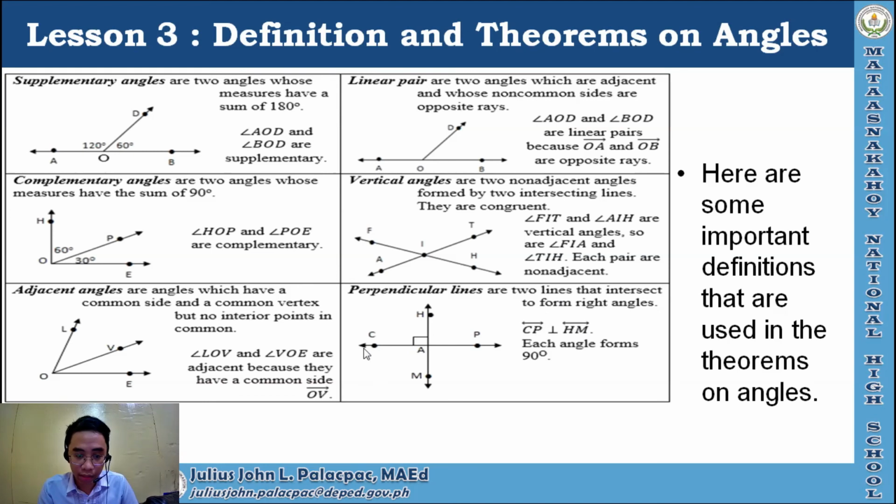So, line CP at line HM ay perpendicular if they form 90 degrees. Ayan. Kung mapapansin nyo, may square dito, complementary angle yan. So, right angle yung na-form ng intersection ng dalawang lines, kaya tinawag silang perpendicular lines.